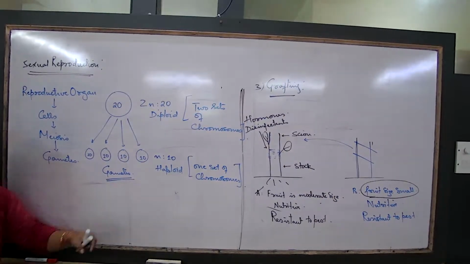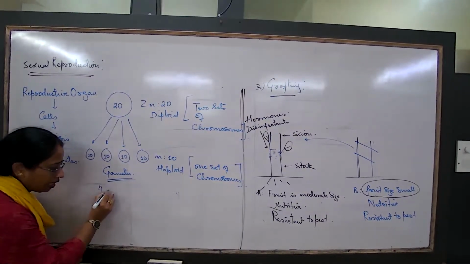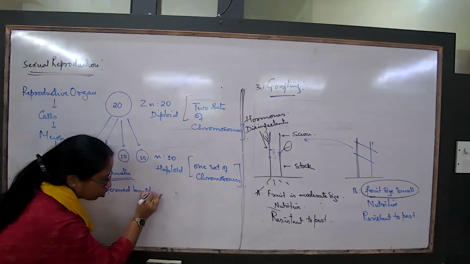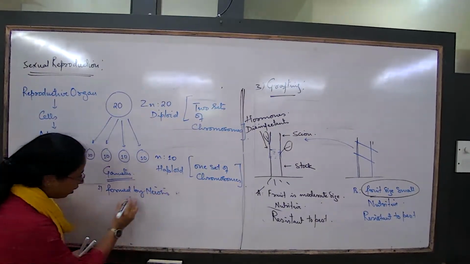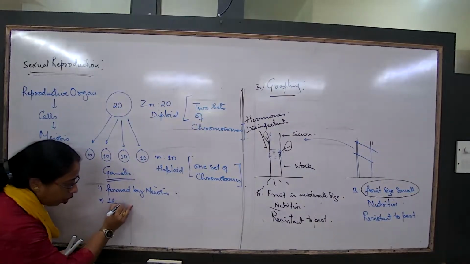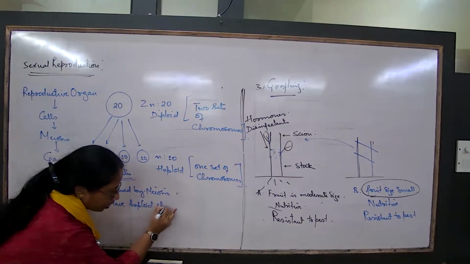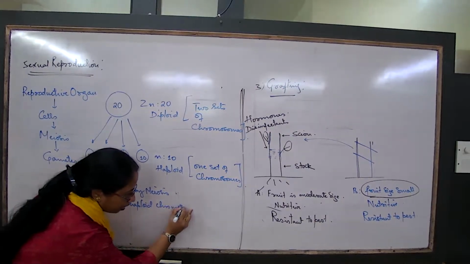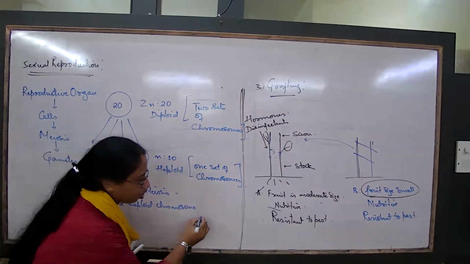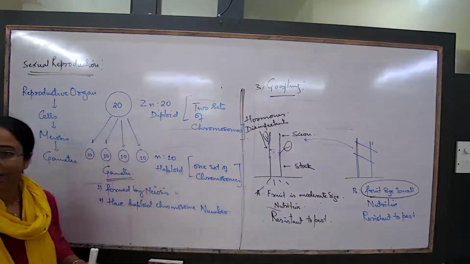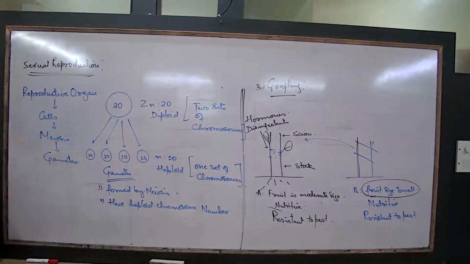Gametes are formed by meiosis, that is always understood. Gametes always have a haploid number of chromosomes, meaning half of what the parent cell, the reproductive cell, has.